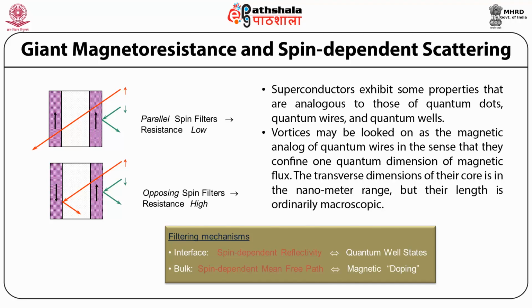The CPP geometry results in more than twice higher GMR, but it is more difficult to realize in practice than the CIP configuration. Magnetic ordering differs in superlattices with ferromagnetic and antiferromagnetic interaction between the layers.